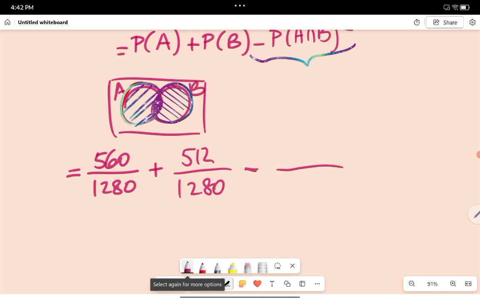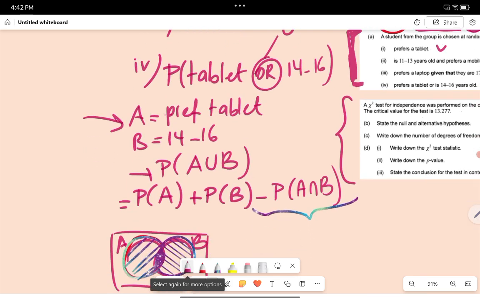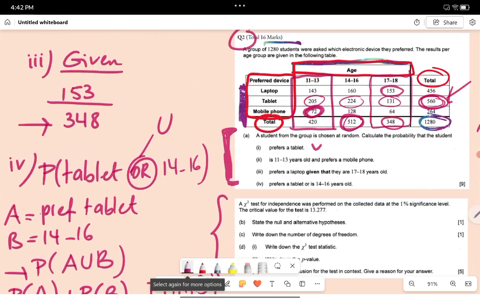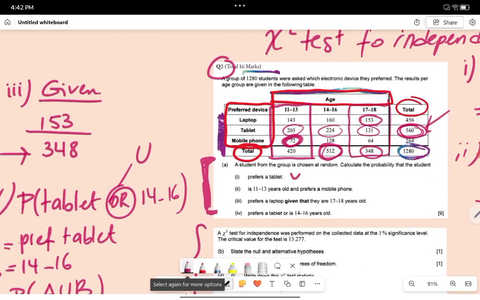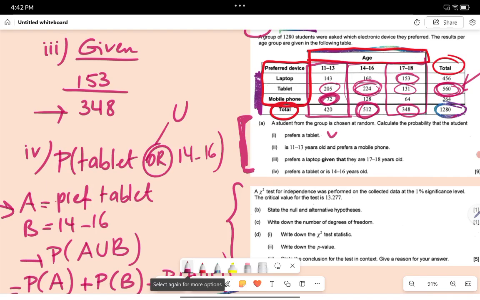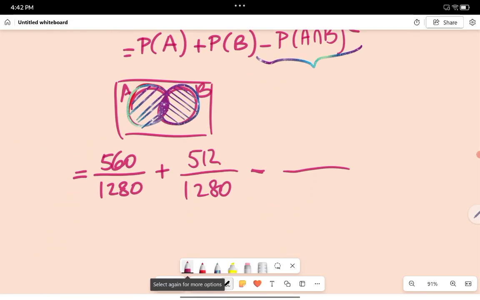So that is preferring a tablet and being between 14 and 16. So what is that? That is being between 14 and 16 and preferring a tablet. So that is this one, isn't it? That's 224 kids out of 1280. So that is 224 out of 1280.